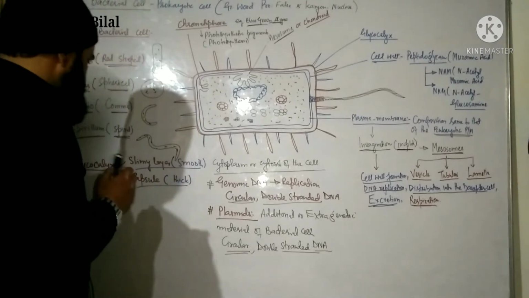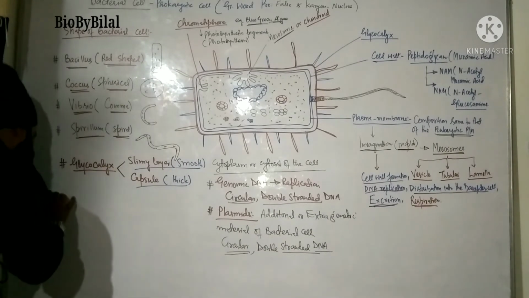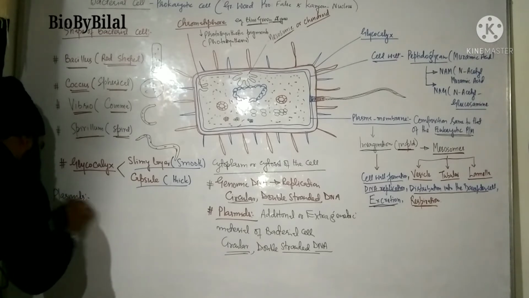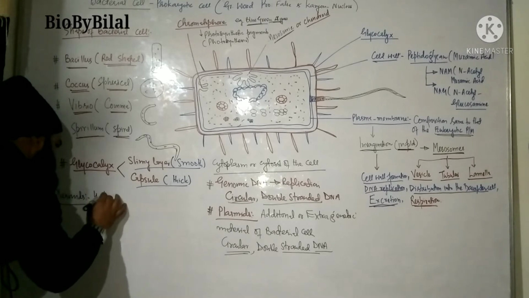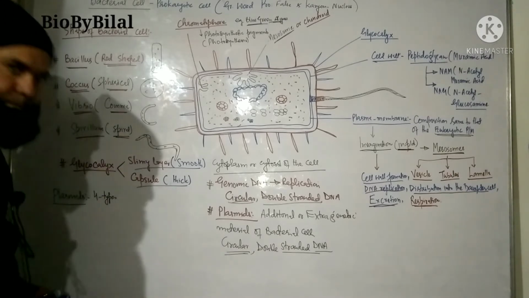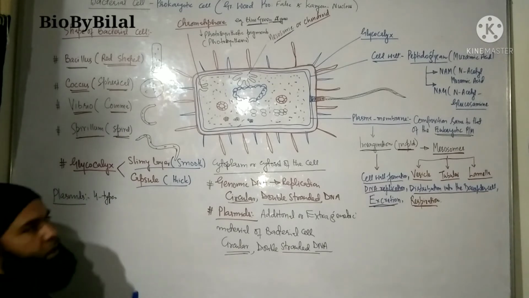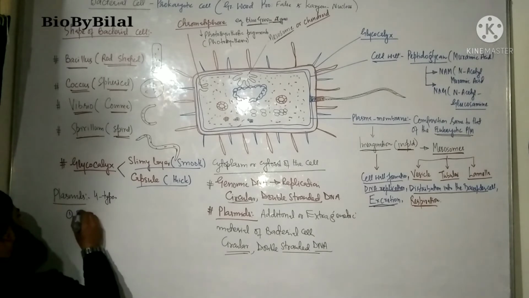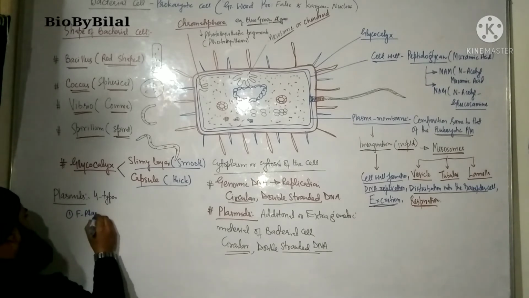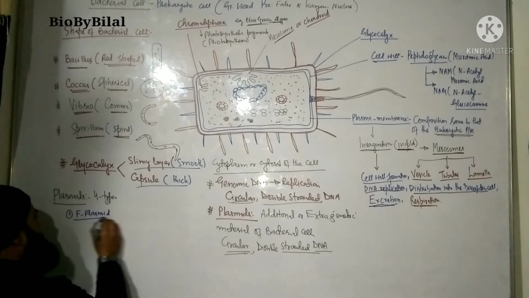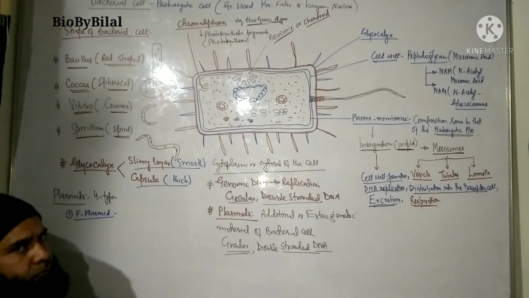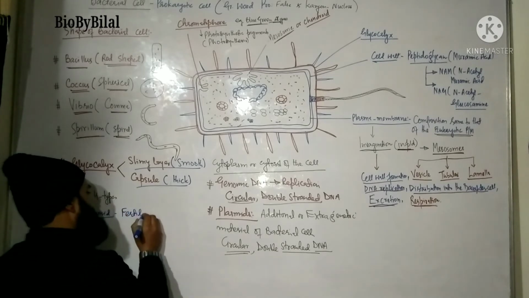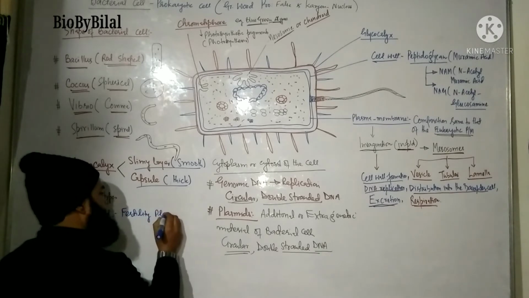As far as this plasmid is concerned, here I will mention plasmids are of four types. So mention the names of these plasmids. First plasmid is called the F plasmid, the fertility plasmid.